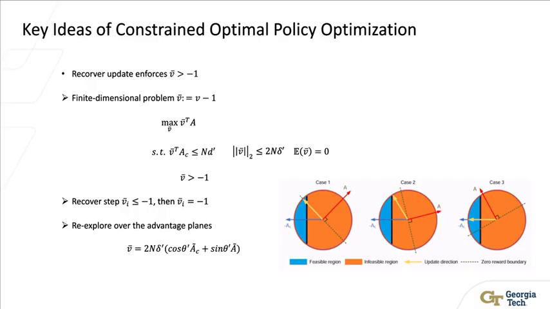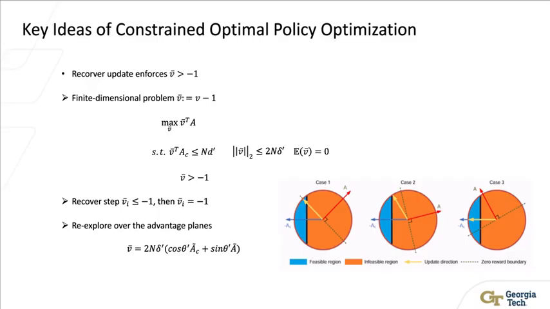After fixing this dimension, they re-explore over the advantage plane consisting of the normalized cost advantage term and the normalized reward advantage term. As this recovery step fixes all the elements in the vector V bar to be no less than minus 1, they can solve this finite dimensional problem.